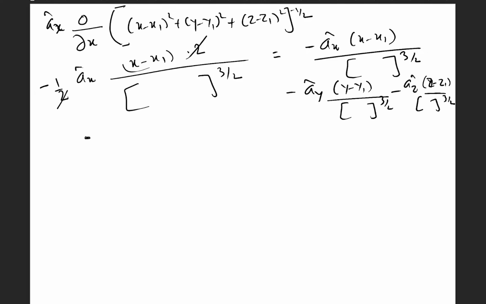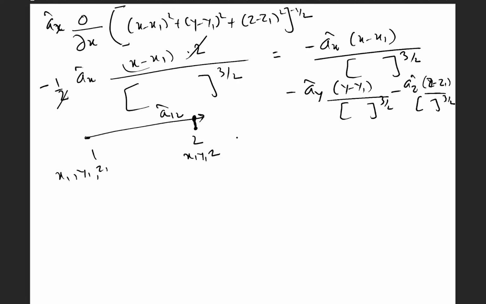Now if these are two points 1 and 2 with coordinates x1, y1, z1 and x, y, z, what will be the unit vector between these two? This is point 2.